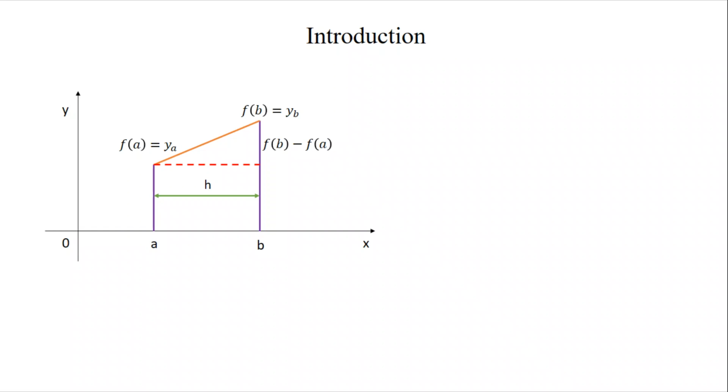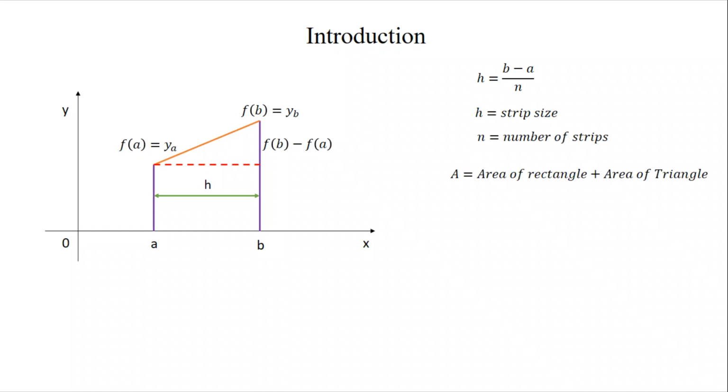So fb or yb minus ya is nothing but the height of the triangle. So h step size, how to find? The final point or end point minus initial point divided by n, where h is the strip size, n is the number of strips.